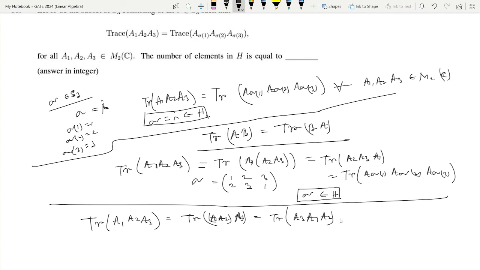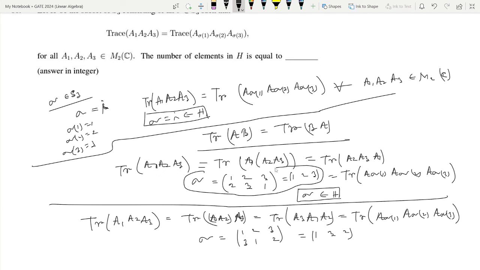That means this is trace A sigma 1, A sigma 2, A sigma 3, so if we take sigma with 1 going to 3, 2 going to 1, and 3 going to 2, that is (1 3 2).